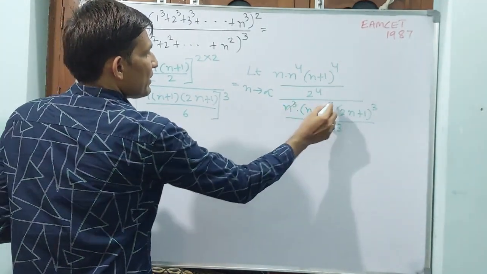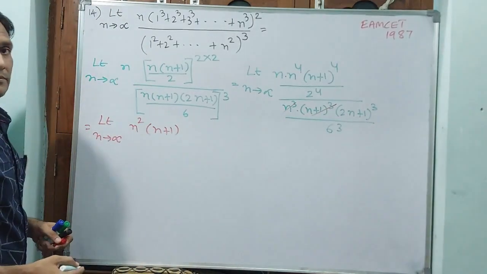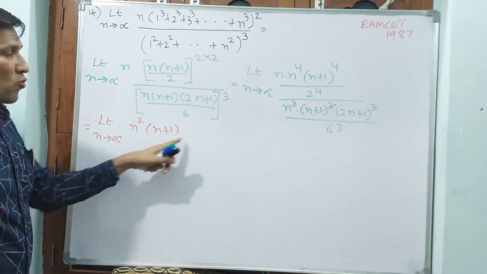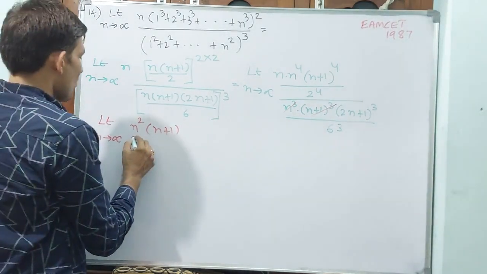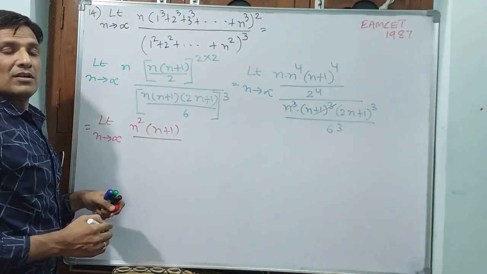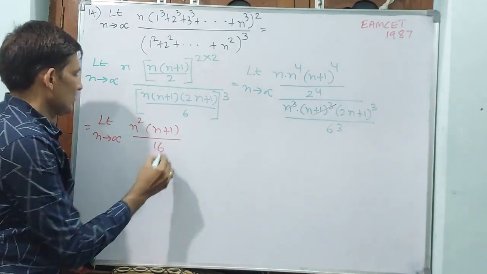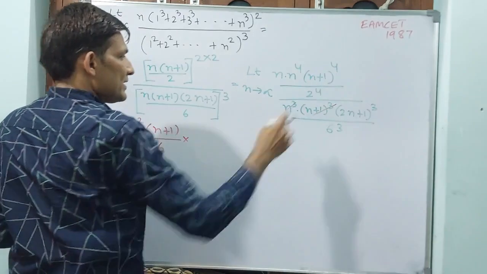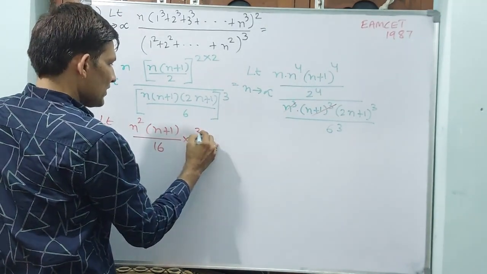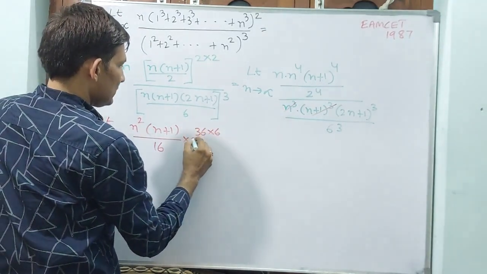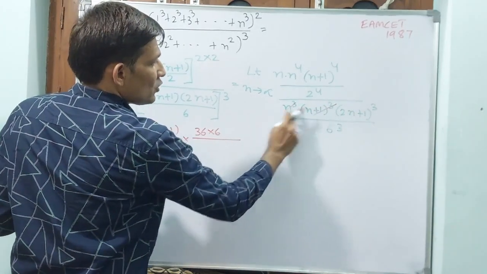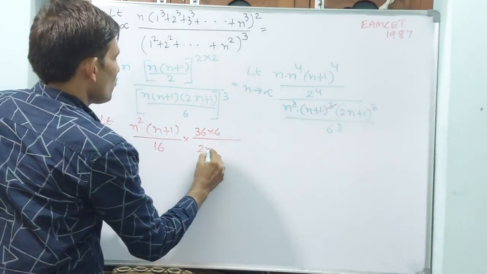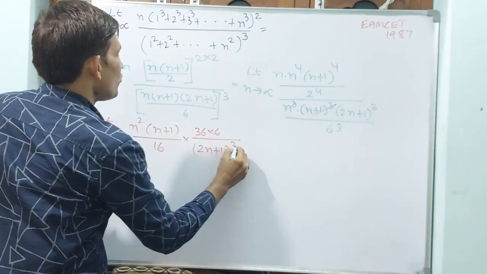And 2 to the power 4 means 16. Now you reverse it, 6 cube is 36 into 6, divided by... these two got cancelled, now you have got only 2n plus 1 whole cube.